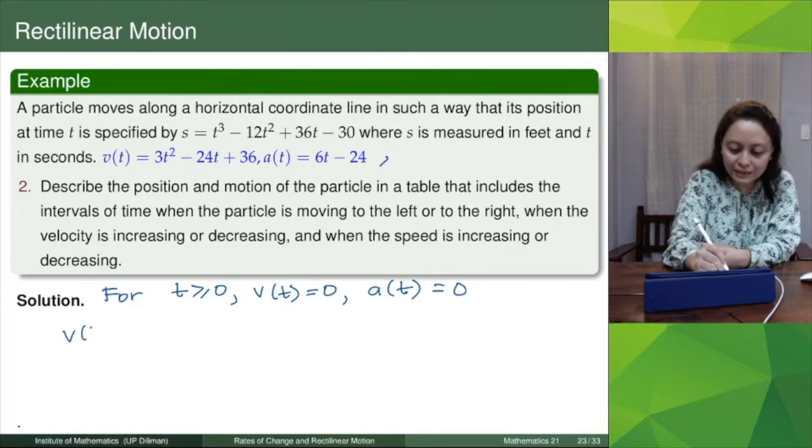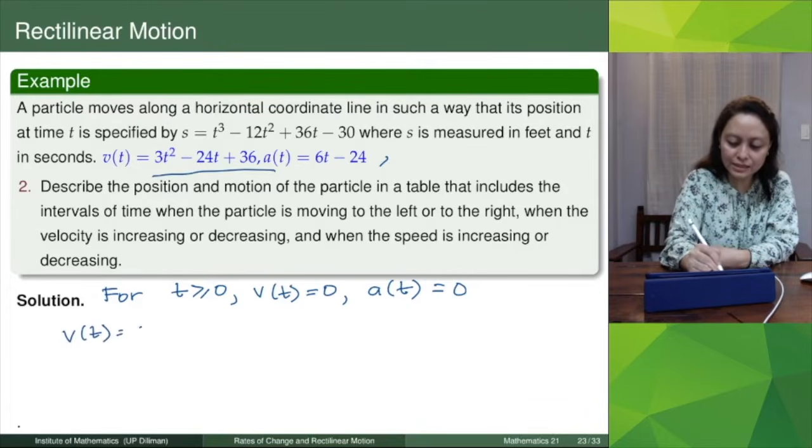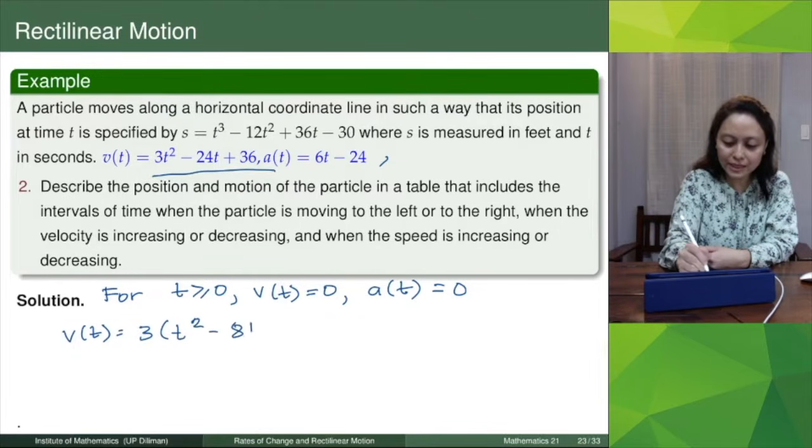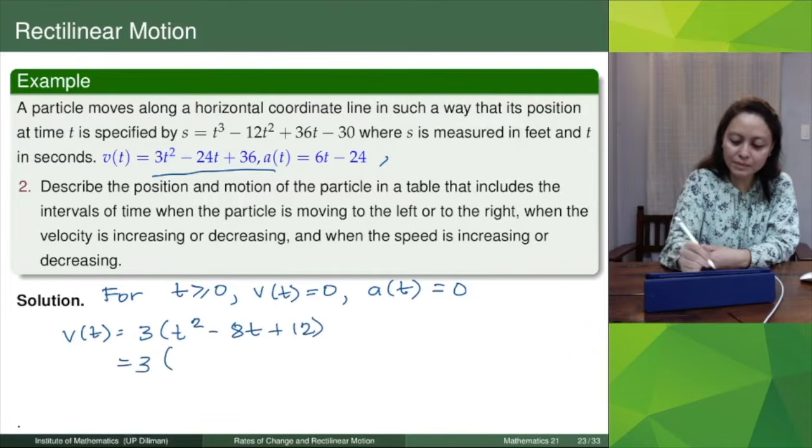Okay, so tingnan natin. Ang v of t natin, ito. Factor out ko na yung 3. So v of t is 3 times the quantity t squared minus 8t plus 12. Okay, so you have 3 times the quantity, factors nito, t minus 6 times t minus 2.